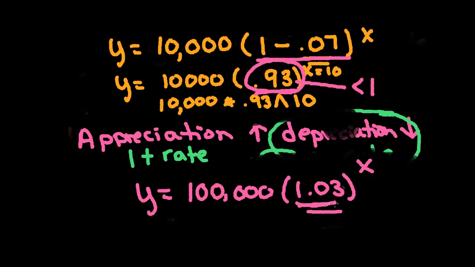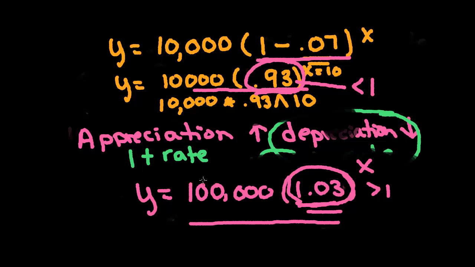So you can see here, if this number is greater than 1, then that means we have a situation where it is exponential growth, and this one is exponential decay. So that's other terms we use for appreciation being exponential growth and depreciation being exponential decay.